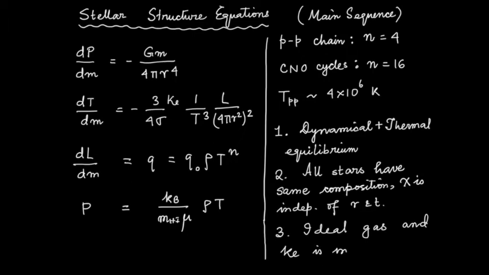So this is independent of radius. This actually gives some considerable change if you make it dependent on radius, but then you have to solve the equations, which we will not do. As I said, that will not solve these equations, but still we'll get to what the solution is.